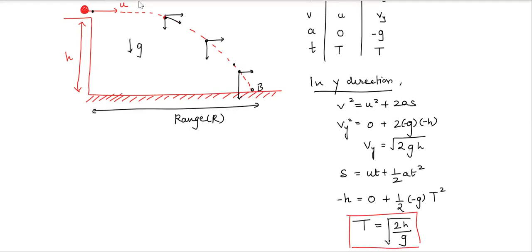This is the time that it will take. This is the Vy. This is not the final velocity, because the final velocity will have two components: the horizontal component, which will be U, and the vertical component, which will be Vy.